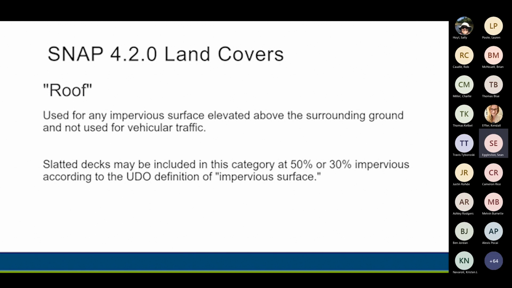So say you've got a slatted deck taking up 200 square feet in total footprint, we would allow that to be considered 50%, or 100 square feet, of impervious surface. 30% if the surface under it is clean washed gravel or clean washed stone, excuse me. Then again, if it's, say, a patio under an existing deck, that would be required to be 100% impervious surface. And that's the way our UDO currently requires decks to be treated, and we're going to continue to require that.